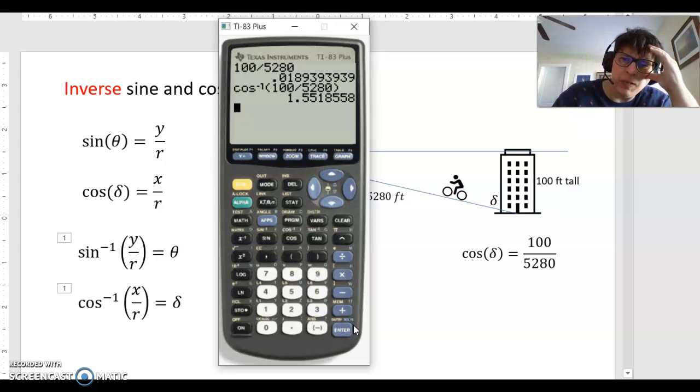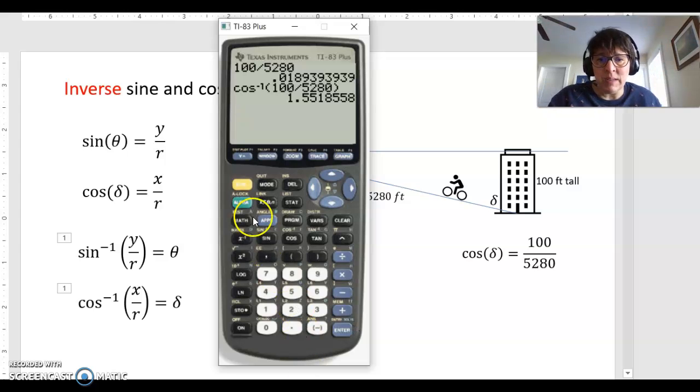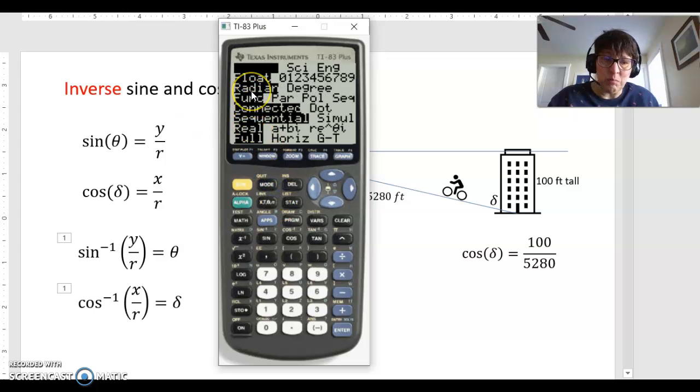Now 1.55 doesn't seem like a very big angle, does it? I mean, until you remember that we are in radian mode. So this is 1.55 radians.